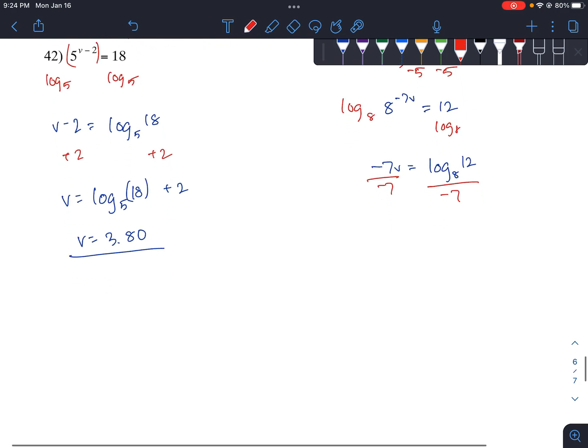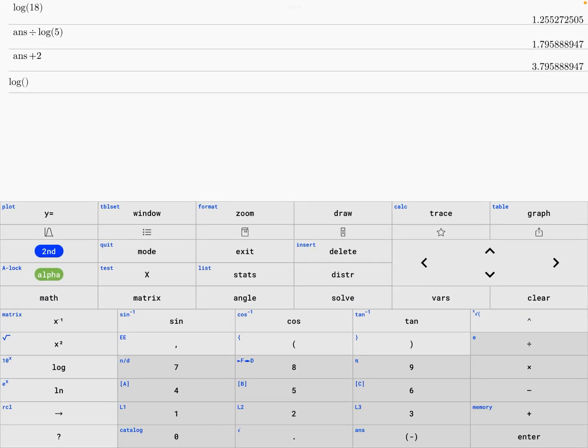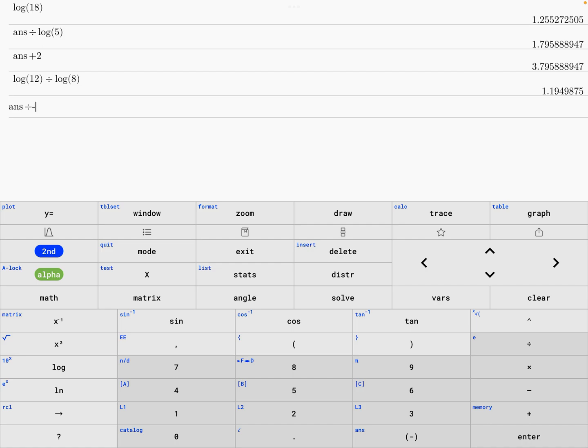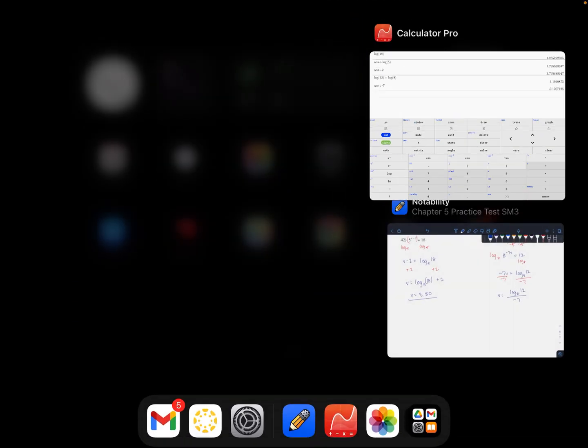So I get v is equal to log base 8 of 12 divided by negative 7. So log of 12 divided by log of 8, divided by negative 7. Yep, so I got negative 0.170.